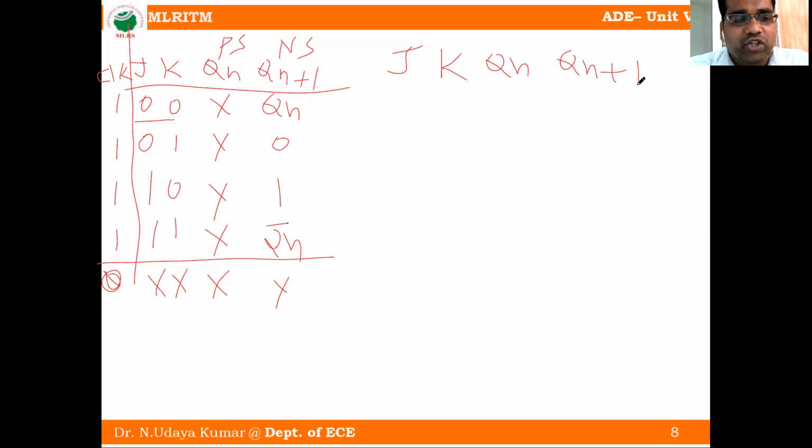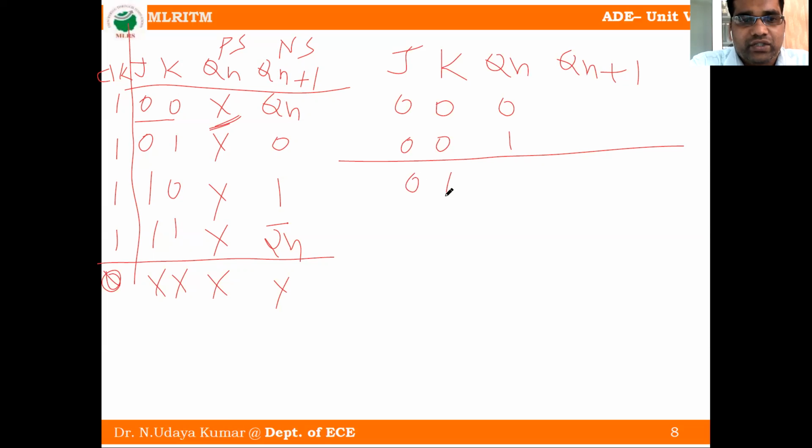So 3 inputs means how many combinations we will get? 8 combinations we will get. So this one is 0, 0, and Qn may be don't care. Here don't care means either it is 0 or 1. So first section 0, 0. Next 0, 1, and don't care means either 0 or 1.